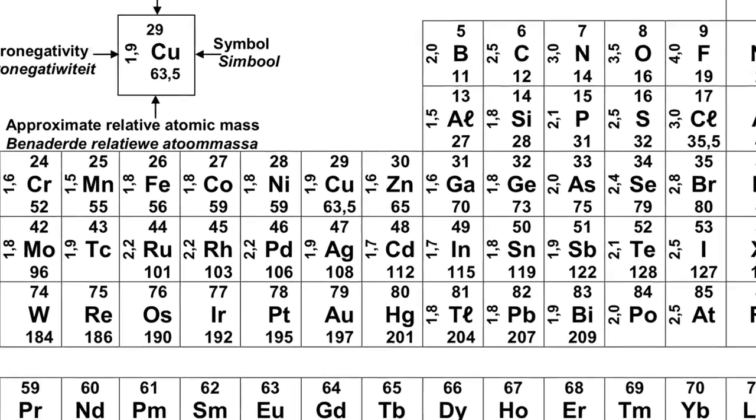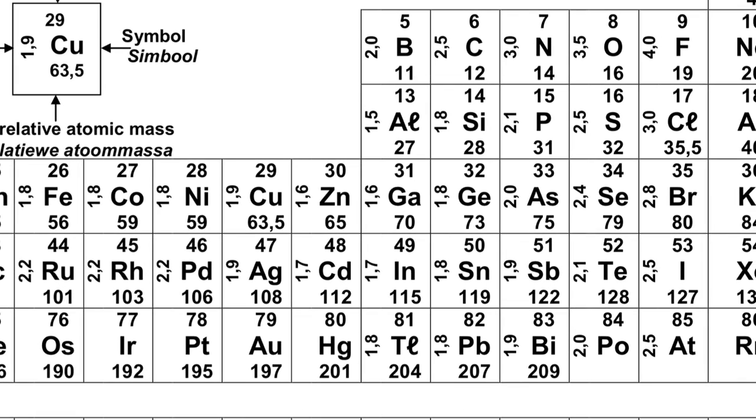So if we look here, for instance, at copper and chlorine, we see that copper is 63.5 and chlorine is 35.5. Now, that doesn't make sense. Surely you can't get half a neutron. Well, you can't get half a neutron, because remember when we did quarks, even though neutrons are made up of 3 quarks, you can't split them.